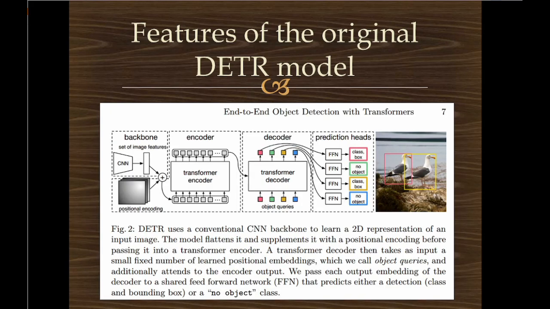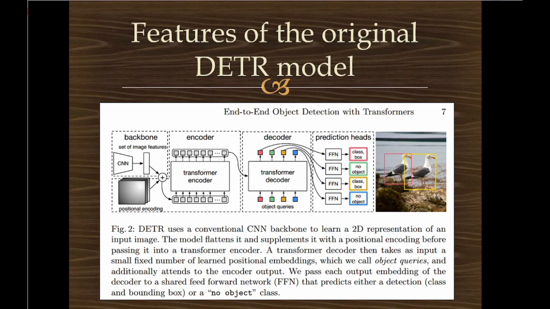DETR uses a conventional convolutional neural network backbone to learn a 2D representation of an input image. The model flattens it and supplements it with a positional encoding before passing it into a transformer encoder.